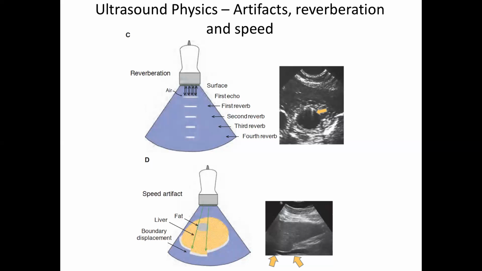And so distal to, say, a big lipoma or something like that, you'll get a change where the boundary will just shift backwards. So that's the speed artifact.